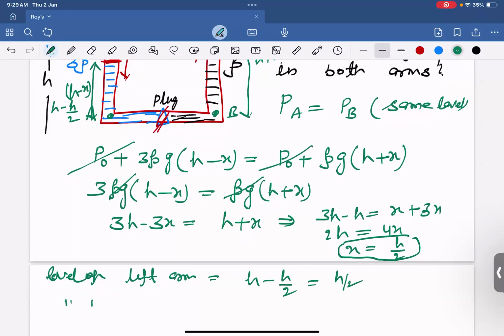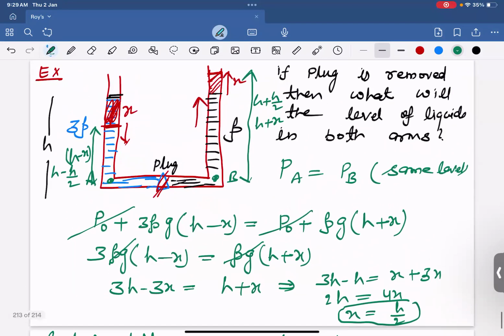And the level in the right arm will be H plus H by 2, that is 3H by 2. Understood, Neil? Yes, sir, understood. Just one second. Yes, please.